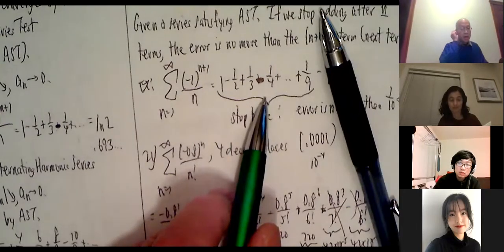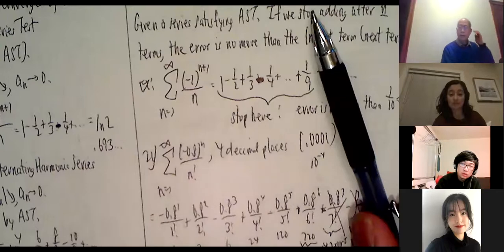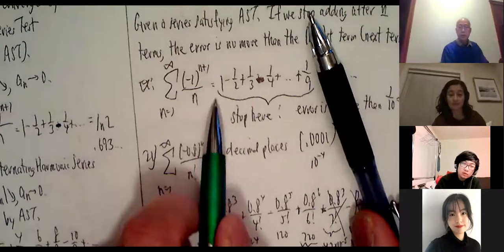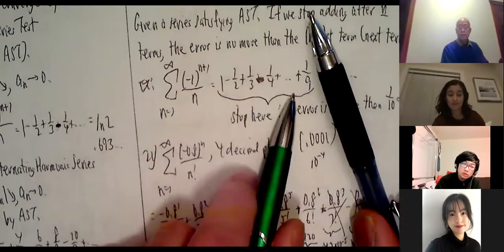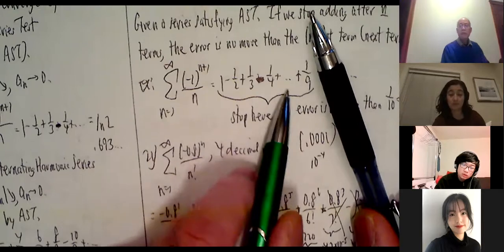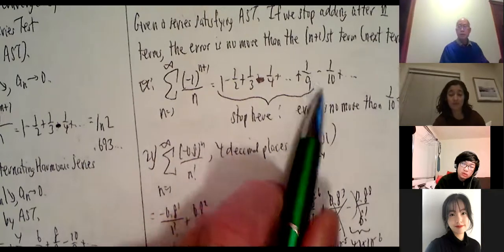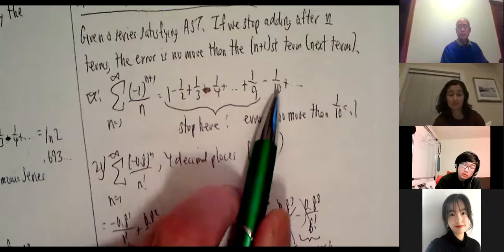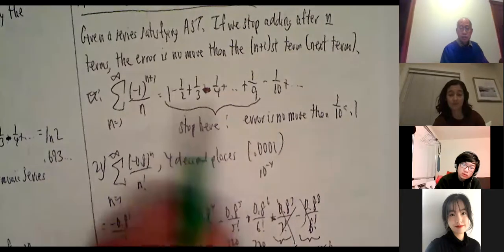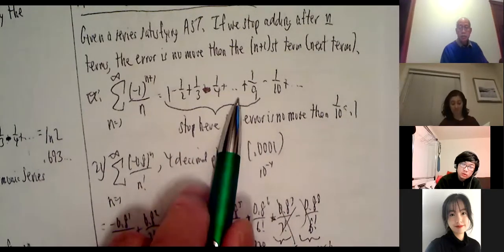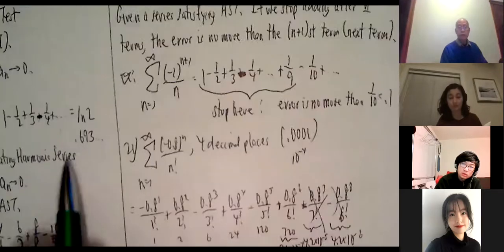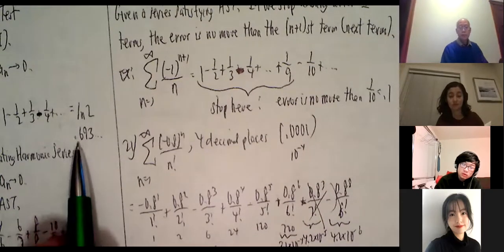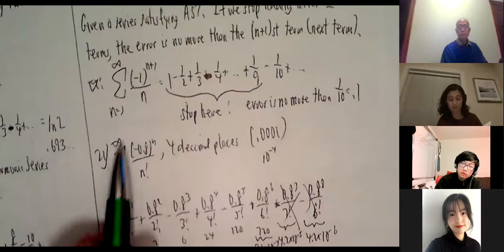I don't feel like adding up infinitely many terms, right? You can't really do that. I figured this out: the error is no more than the next term, 1/10. So if I add up just these, I will be within 0.1 of the natural log of 2, or 0.693. That's what it means.